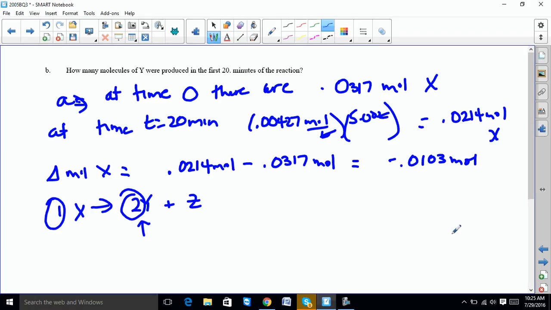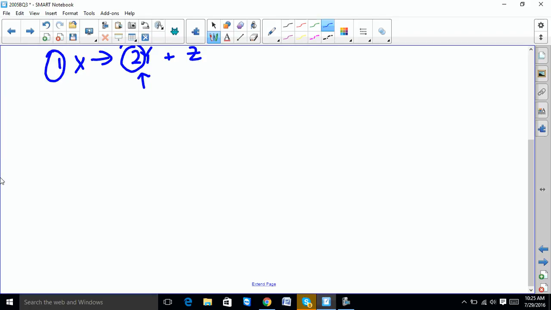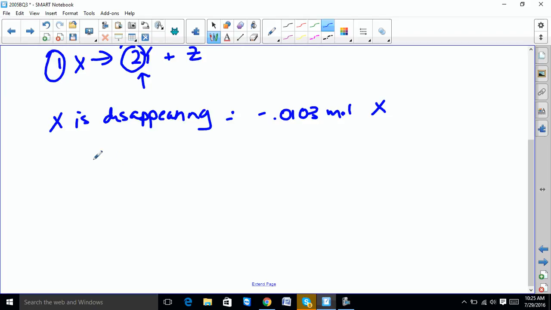So then the next part of this problem, if this wasn't bad enough, is that we have to say, well, if X is disappearing, the number of moles of X disappeared was negative 0.0103 moles of X, well then 2 times 0.0103, and I can do this without a calculator, is 0.0206 moles of Y is appearing.